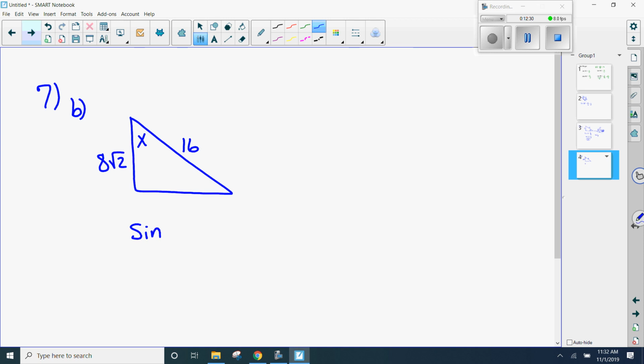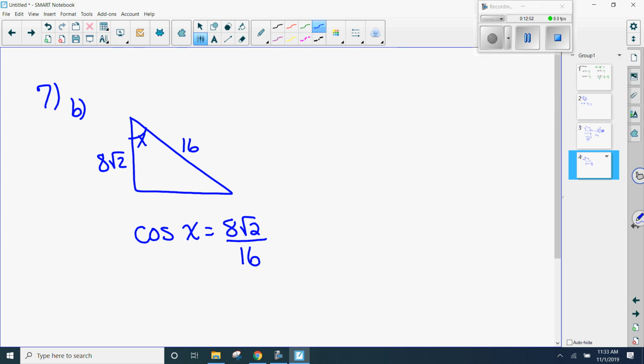The sine of angle x is equal to, not sine, what sides do you know? Adjacent. So that is cosine. So the cosine of angle x is equal to the adjacent over the hypotenuse.